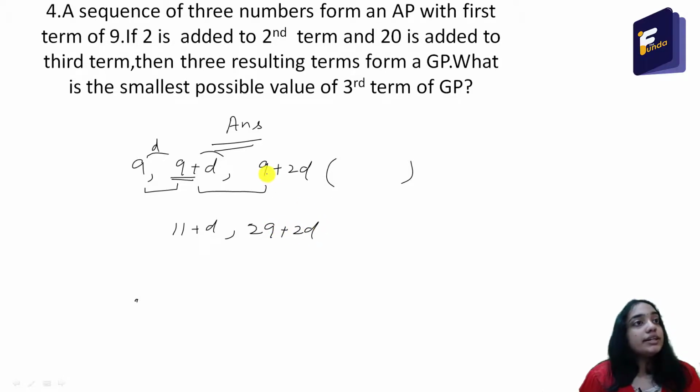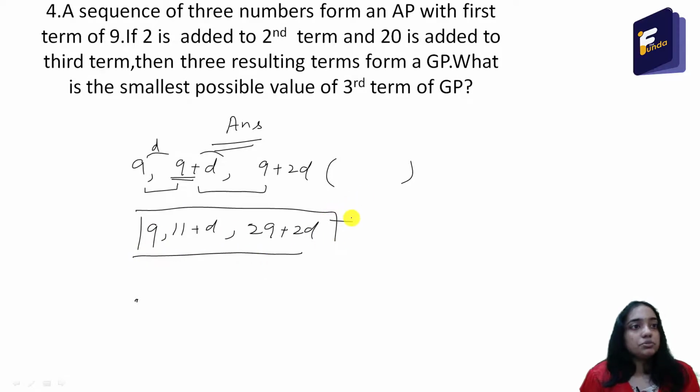The first term is 9, we are adding nothing to it. So these three numbers form a GP as per the question: 9, 11 plus D, 29 plus 2D form a GP.